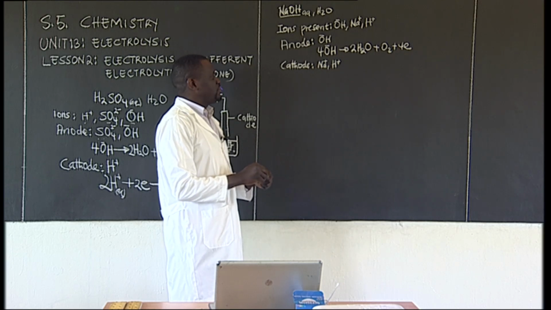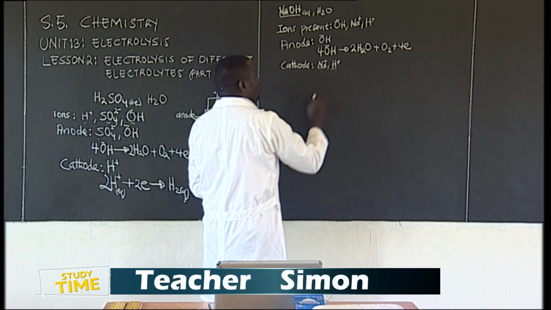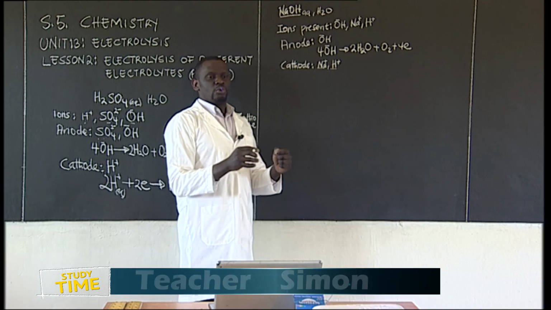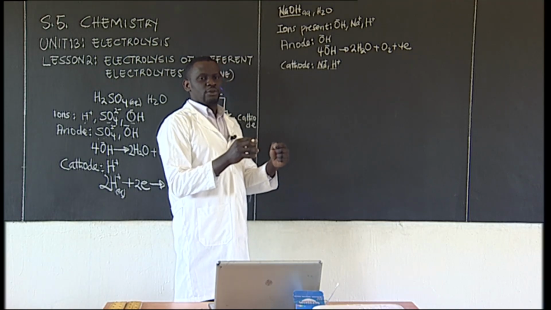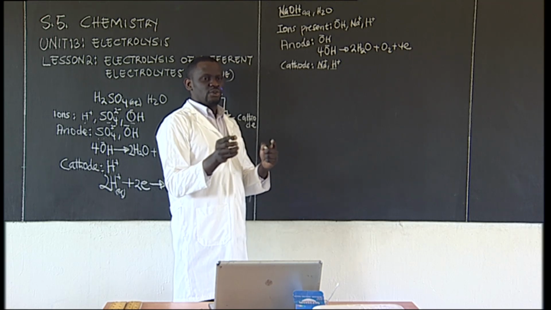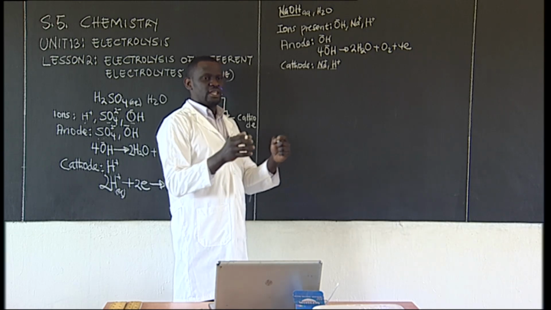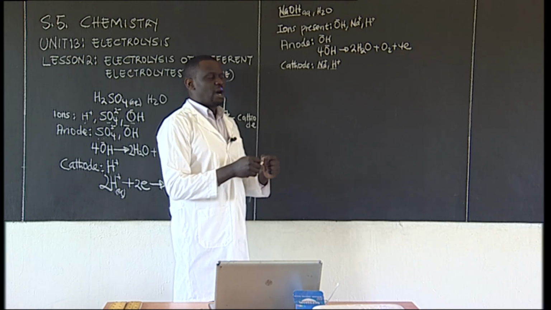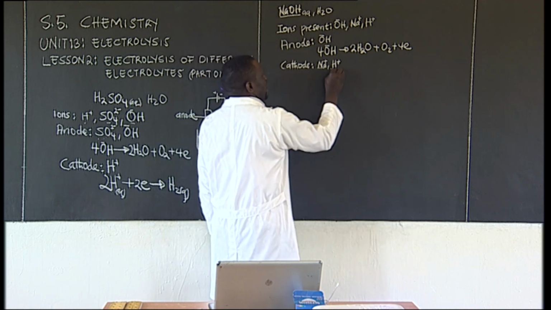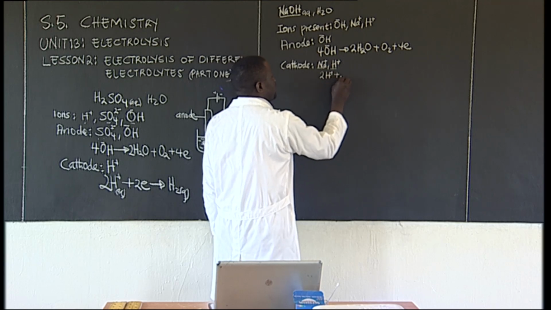So those 2 ions, we shall have competition. And during that competition we choose the ion which is lower in the electrochemical series. As I told you last time, when you have the cathode, the competition will be between those 2 positives, either sodium or hydrogen. So the competition now is won by hydrogen because it is lower in the electrochemical series.